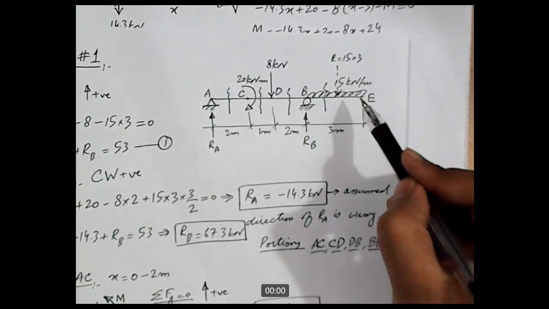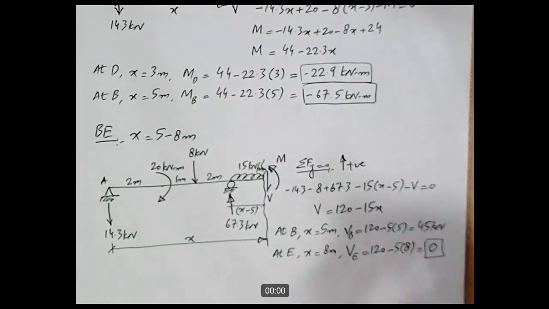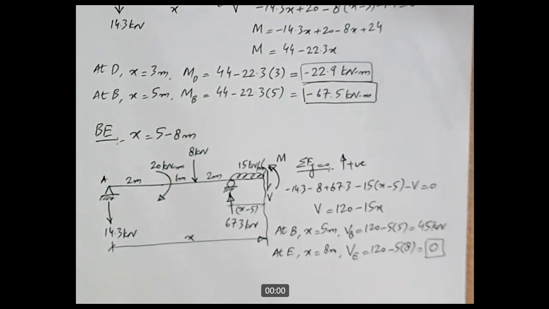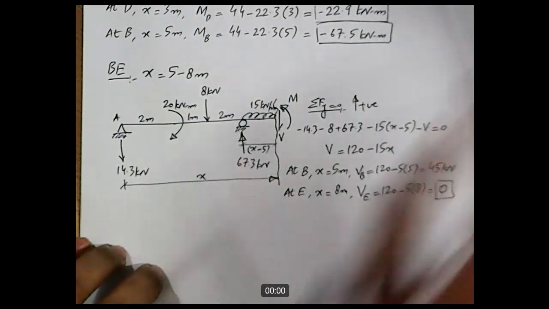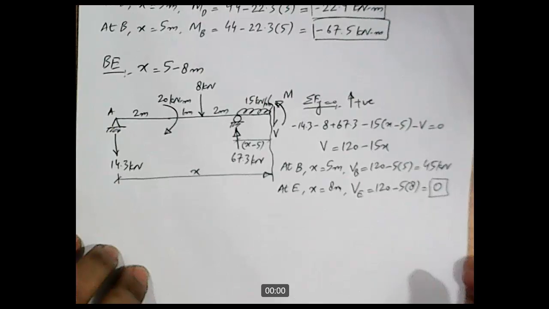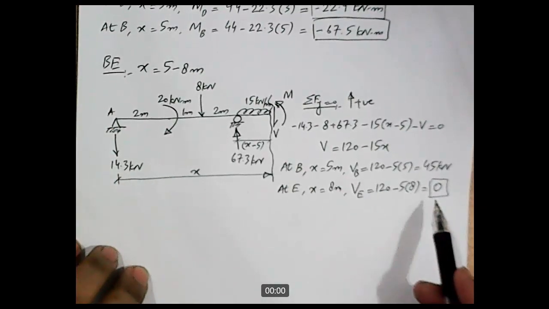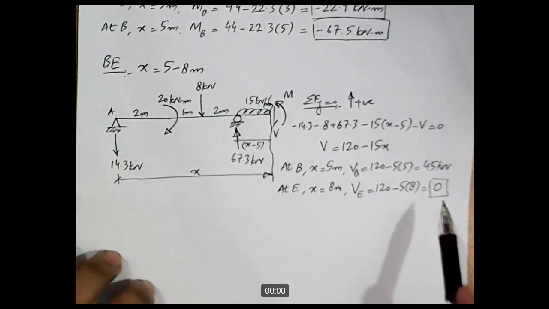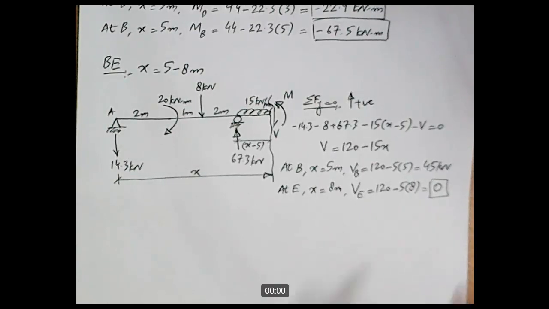There is no externally applied moment and it's a free end, so the 0 value of bending moment at this point is totally correct. Okay, so now let's write down the equation for, oh sorry, this was not bending moment, this was shear. So this is also true for shear. If there is no externally applied load at the free end, then the value of shear at the free end is also equal to 0.